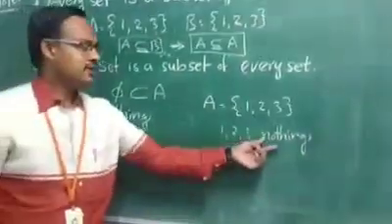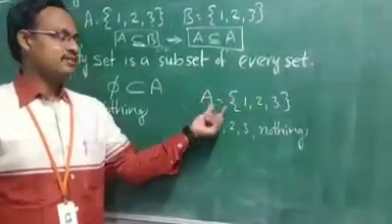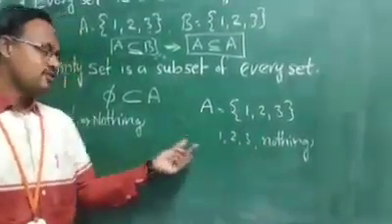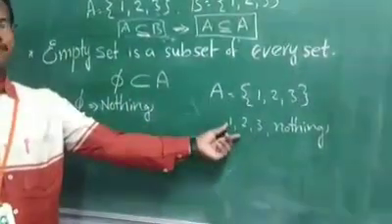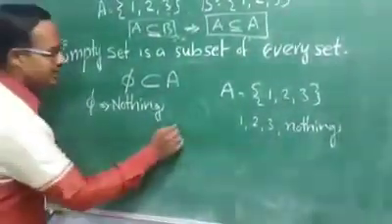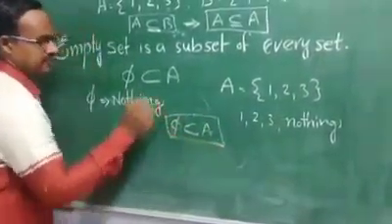Because after the numbers 1, 2, 3 there are no elements in A. That means nothing is there. So this shows that phi is a subset of A. The empty set is a subset of A.